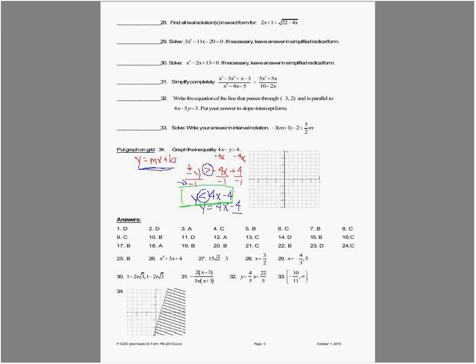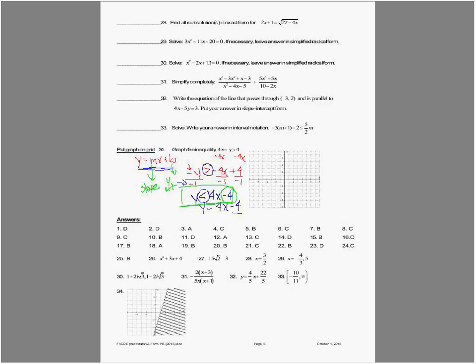To graph a line, in this y equals mx plus b format, the m is slope, and the b is the y-intercept. So when we graph, we're going to start with the y-intercept, the b. In this case, it was negative 4.